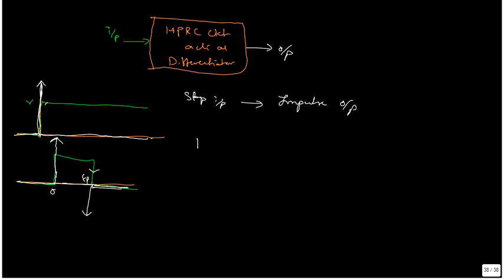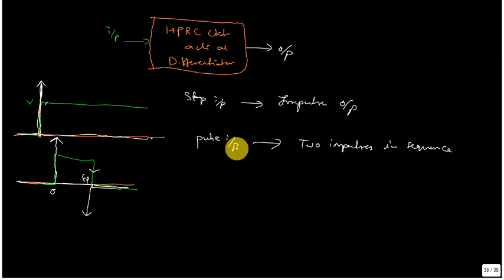So if you apply a pulse input, then the response of the high pass RC circuit acting as a differentiator is two impulses in sequence, depending on the pulse applied.